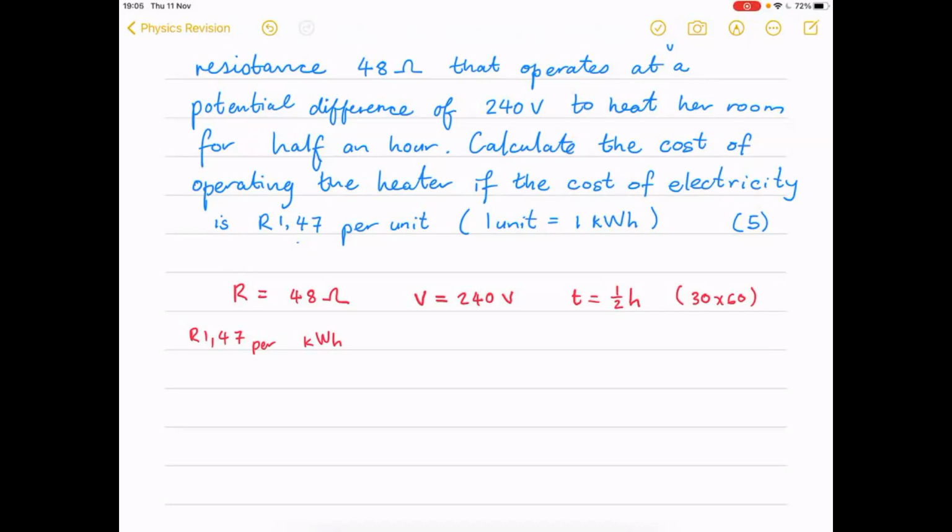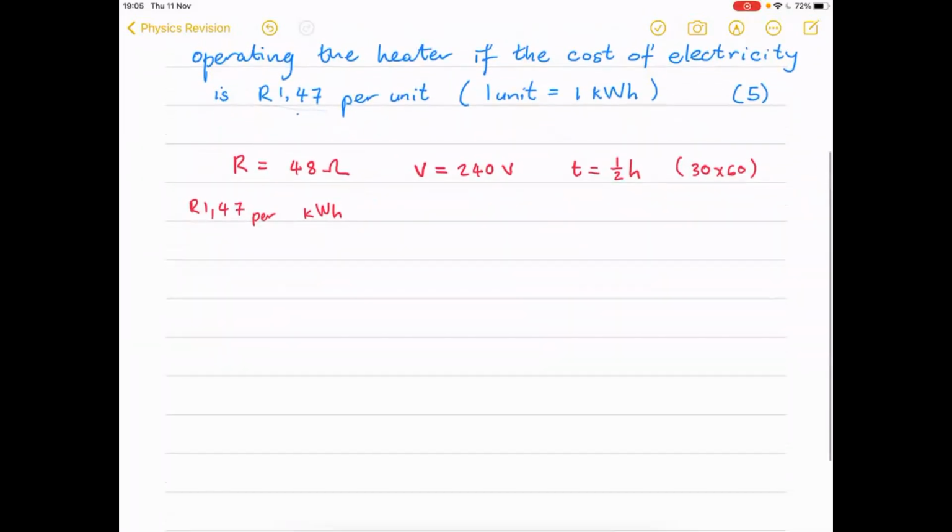Okay, so if you have R and you have V, can you calculate the power? You can, and the easiest way is V squared over R. That is equal to 240 squared divided by 48.